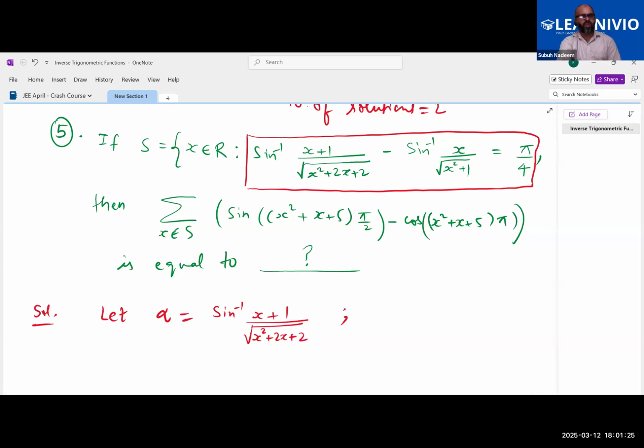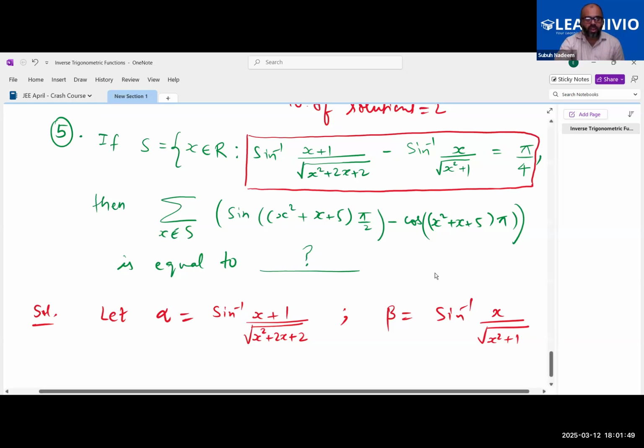Let us suppose that is alpha, and beta is equal to sine inverse of x by root over x square plus 1. The second one is beta. Now you have to proceed by taking sine on both sides. Before that, you should find cos inverse also of both the values. So first do this, then I will tell you.